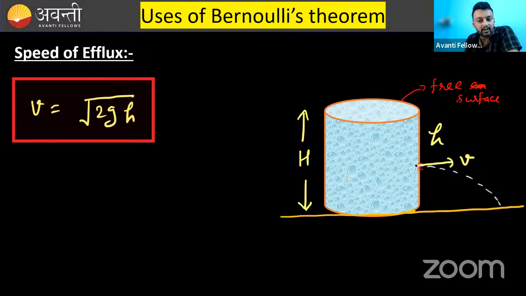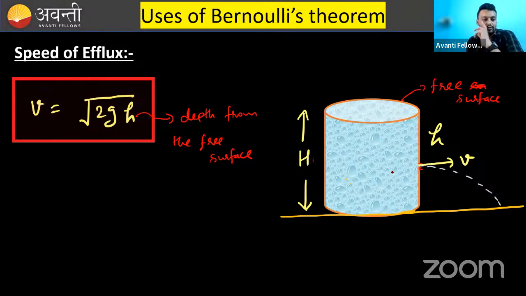The velocity of the liquid coming out is given by root 2gh, where h is the depth from the free surface. Mark my word, the total height of the container is not used, but the height of the hole from the free surface is used. v equals root 2gh.